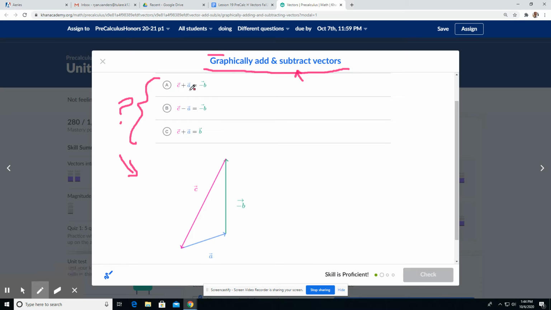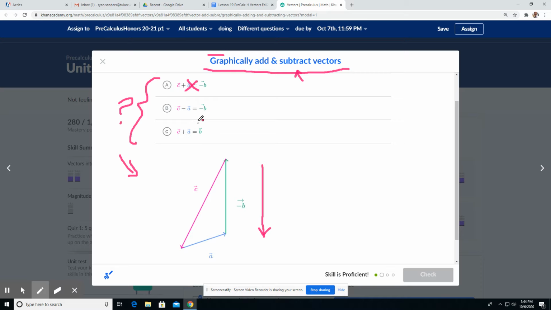C plus A equals negative B. So here's C plus A equals negative B. Well, if it equaled negative B, it would have been facing the other direction. So I would say no on this one. It should face this direction for that negative B. So I say no.